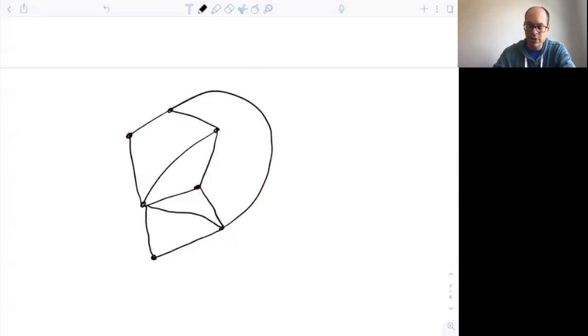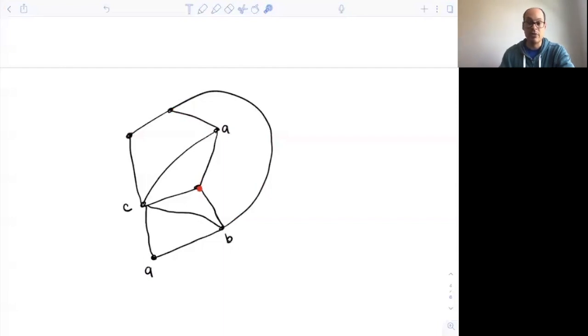But let's do a different set of choices now. I'll start the same way. I'll do an A, I'll do a B, and I'll do a C. But last time I did this vertex first. This time I'm going to do this vertex first. So I'll give this an A. And now what do I find over here? This vertex is adjacent to an A, a B, and a C. Trouble, trouble, trouble.